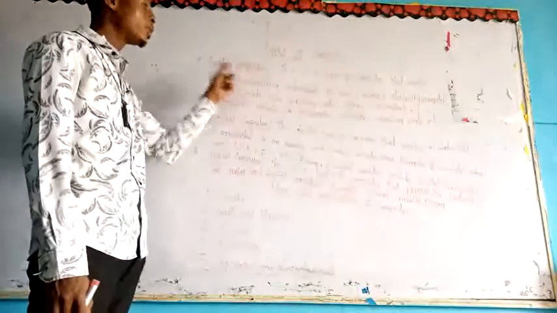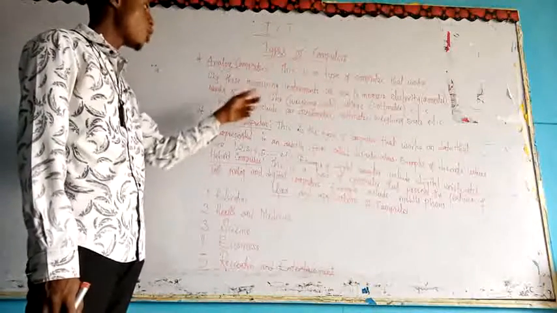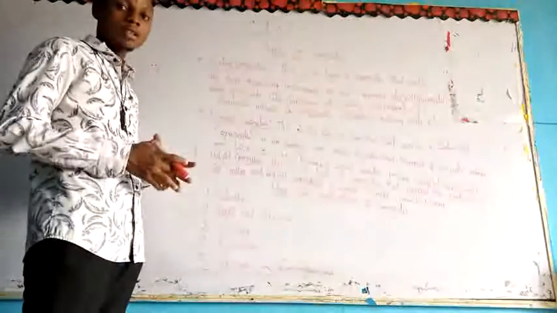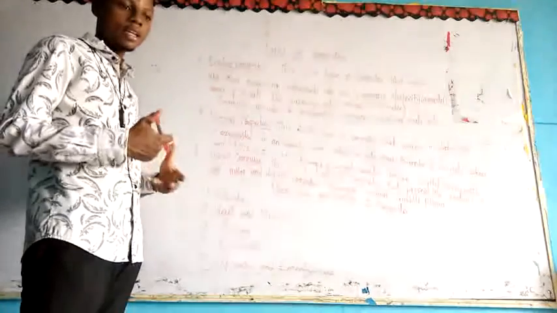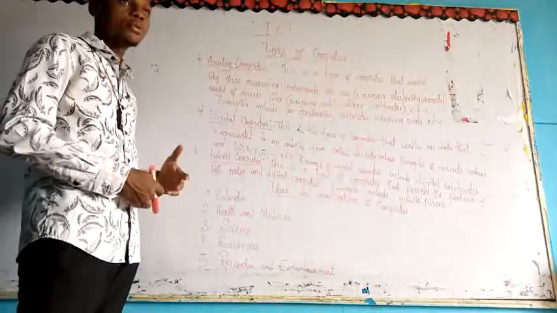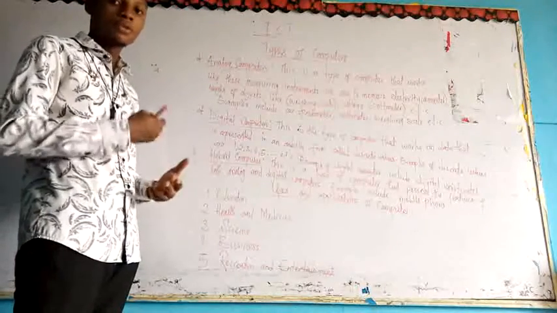So talking about the analog computer, this is a type of computer that works like those measuring instruments. It works like those instruments that are used to measure quantities. For example, your weighing scale that is used for measuring the weight of fish.